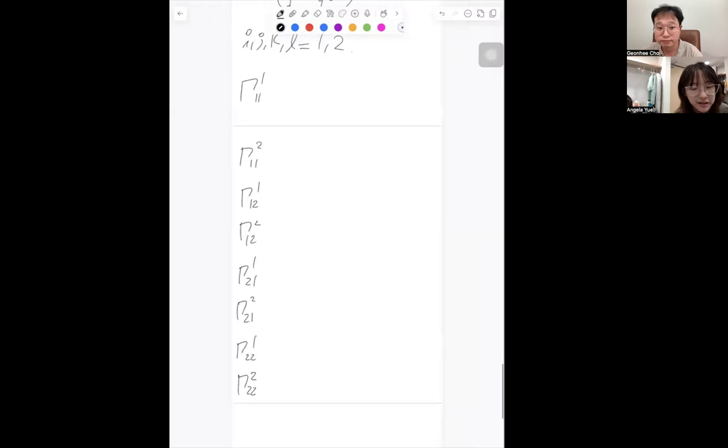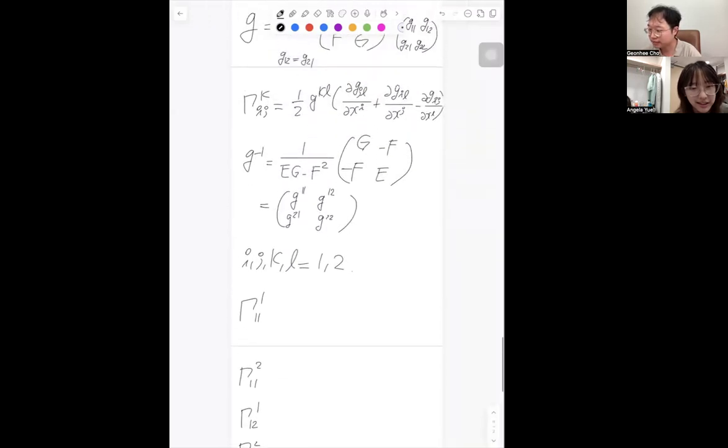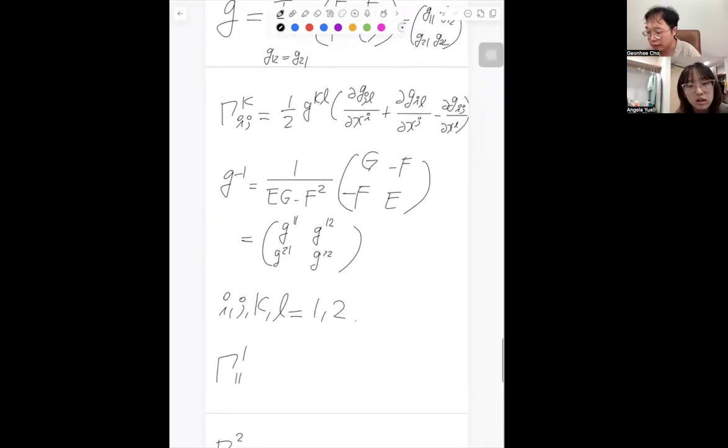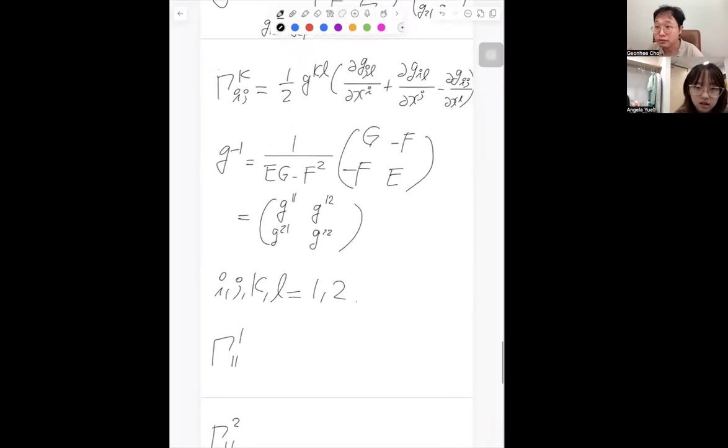So l is not among the indices of the notation gamma ijk. That's a different, independent index that I will explain. And on the left-hand side, as you pointed out, there's no l, so you need to understand what it is. Now let me copy the expression.